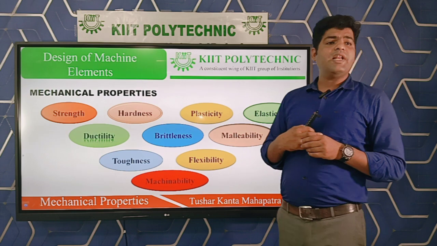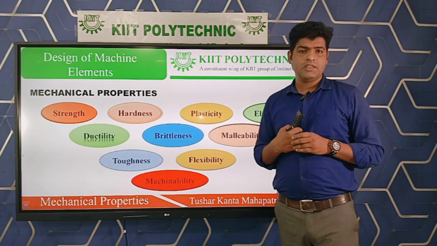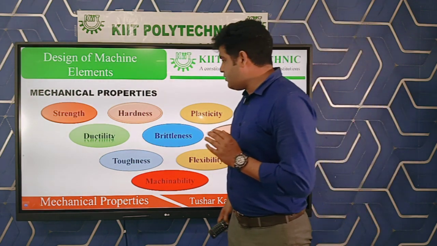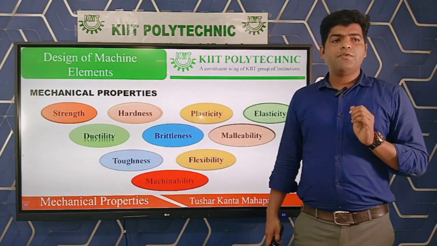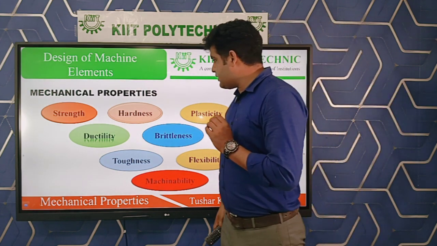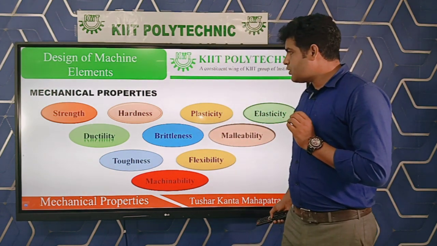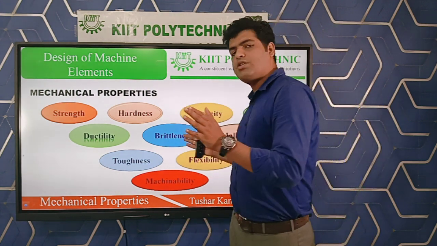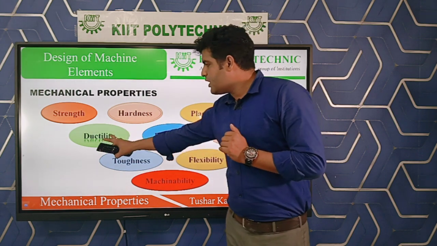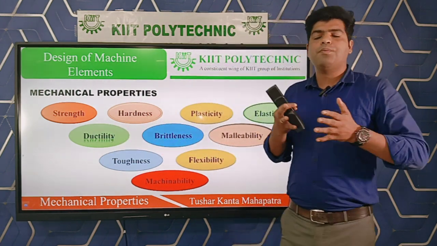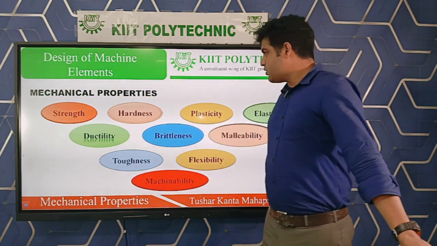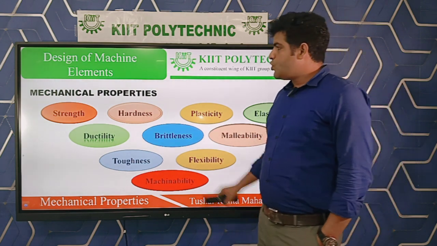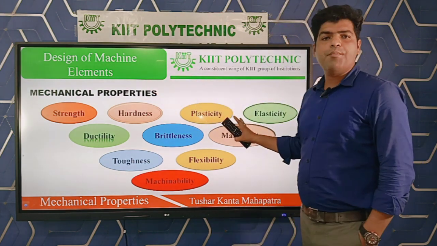Next one is ductility. Ductility and brittleness are just different from each other. Ductility is the amount of shock absorbed. So these are the basic properties of a mechanical object.